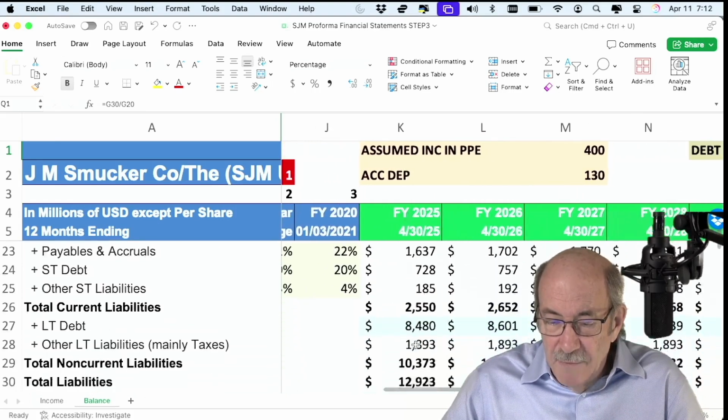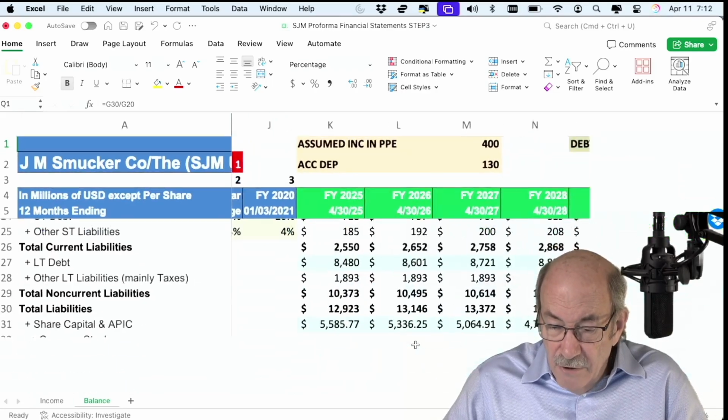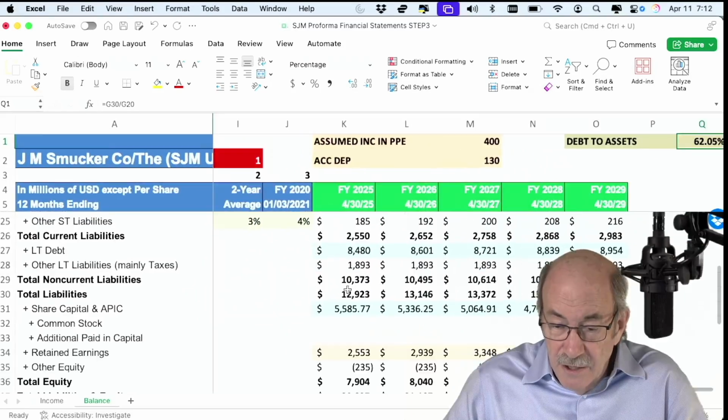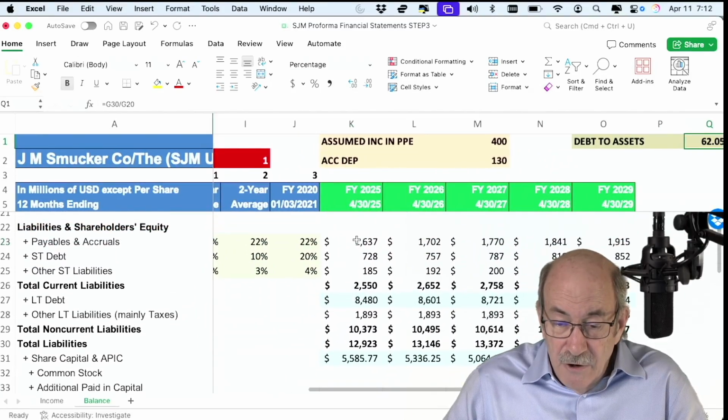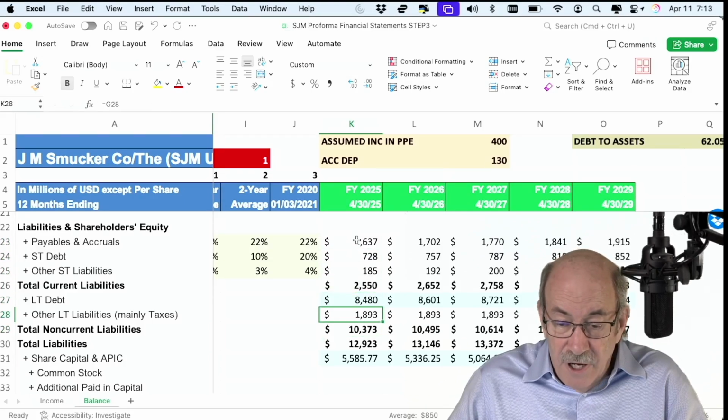Now, with that in mind, I'm going to zoom back out a little bit. I already have accounts payable, short-term debt, other short-term liabilities, and other long-term liabilities.